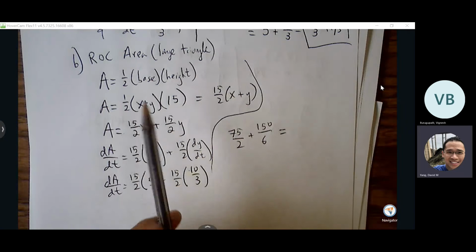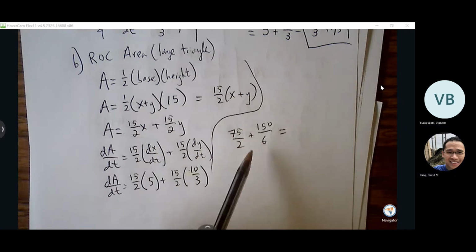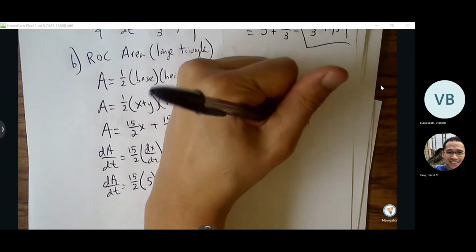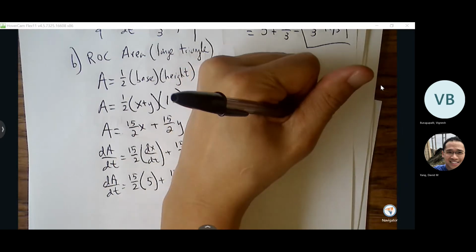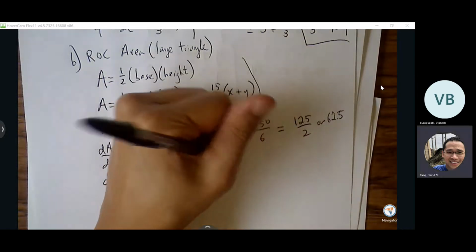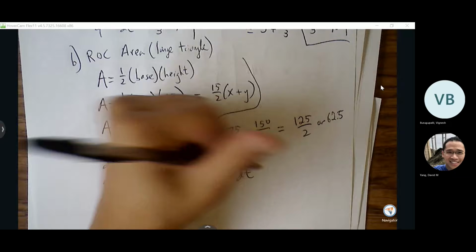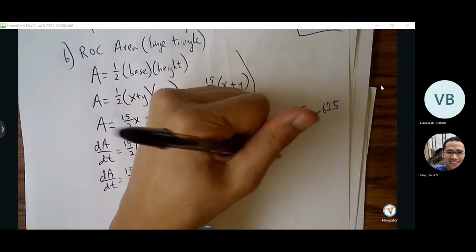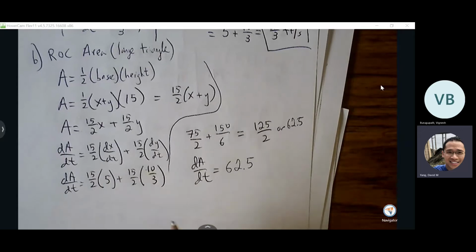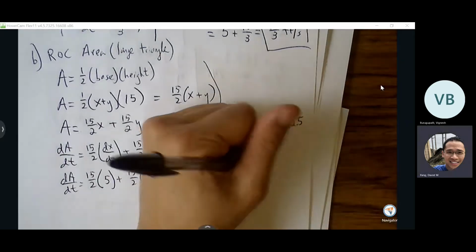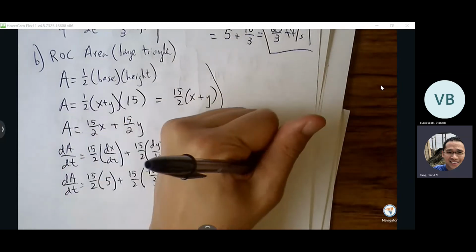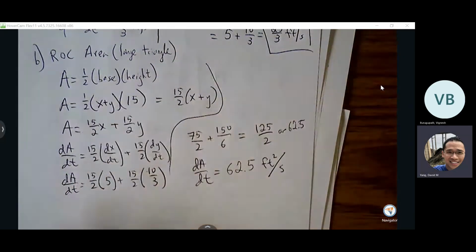Oh, rate of change. Oh, what's our unit of measure here? Good, feet squared. Feet squared represents area. Time component is seconds.